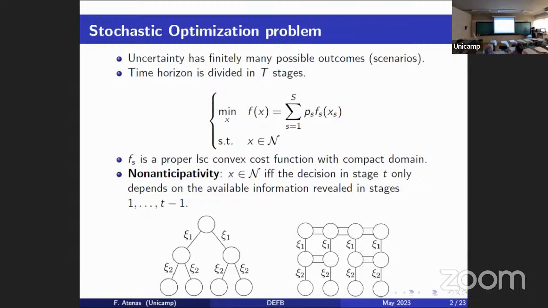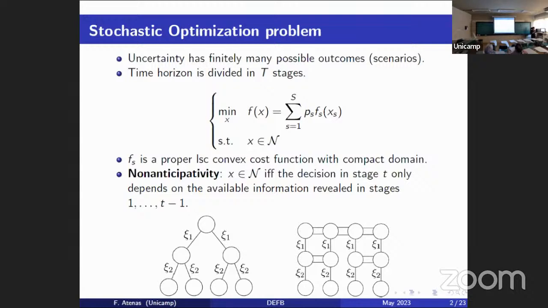For the second stage, we have partial information. So some of the scenarios still look the same, but we can start differentiating between the scenarios. And that happens throughout the time horizon.